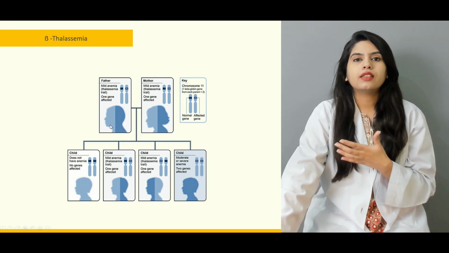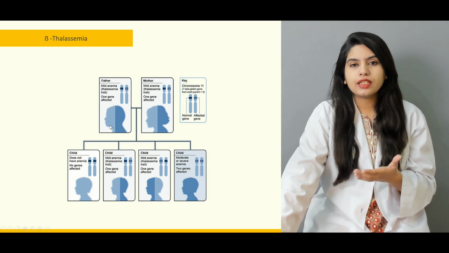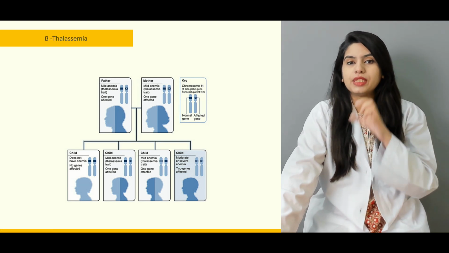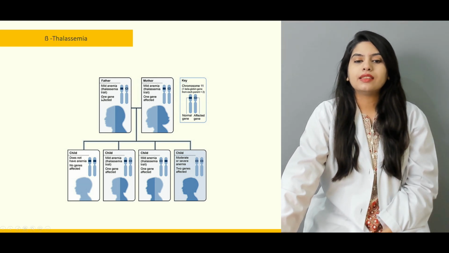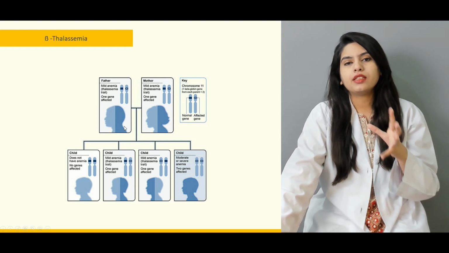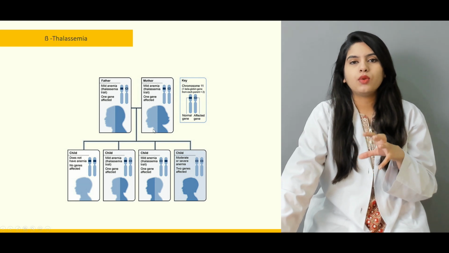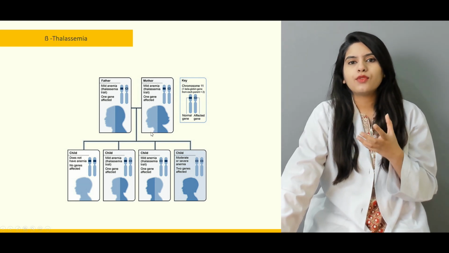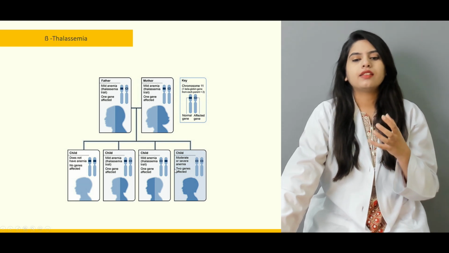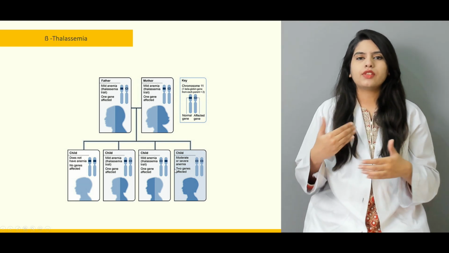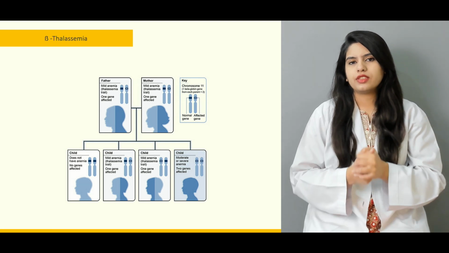Now, there will be some defect in the gene that is encoding for the beta chain, and this defect can be present in one parent, or in both parents, or maybe present only in the recessive form in one parent, and then it is further transferred onto the children.